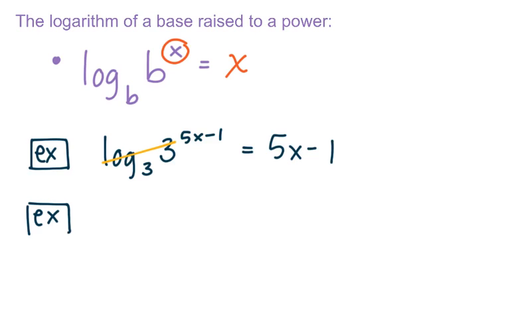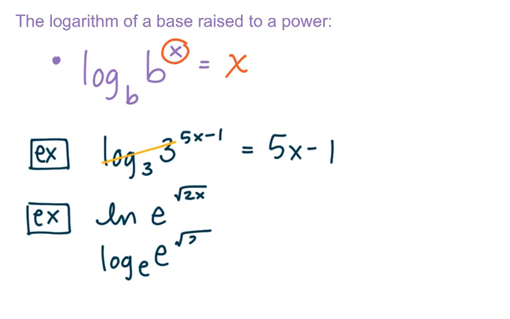Or we might have the natural log of e to the square root of 2x. Keep in mind, a natural log is log base e of e to the square root of 2x. Again, the logarithm and the exponential are the same base, so this just simplifies to the square root of 2x.